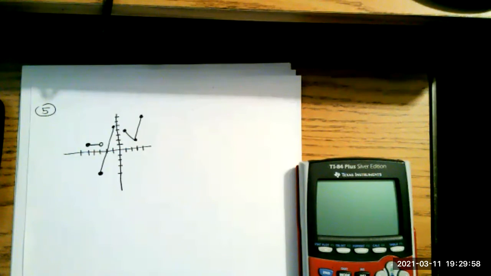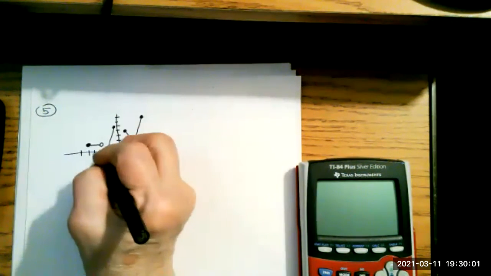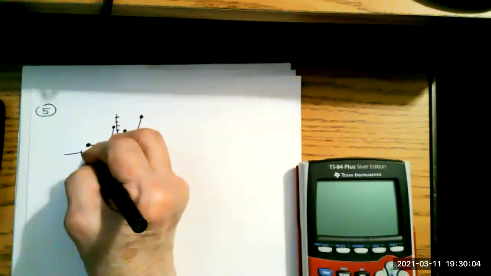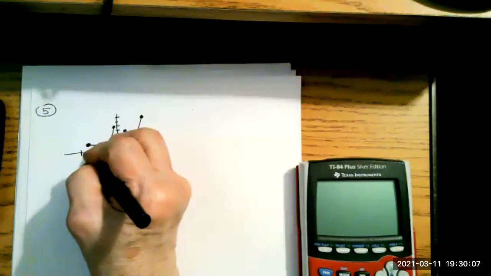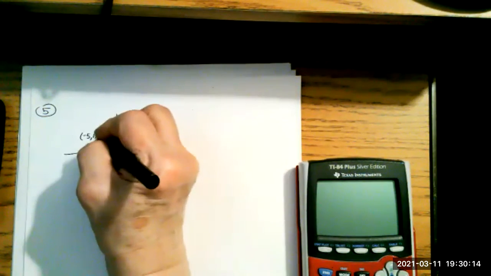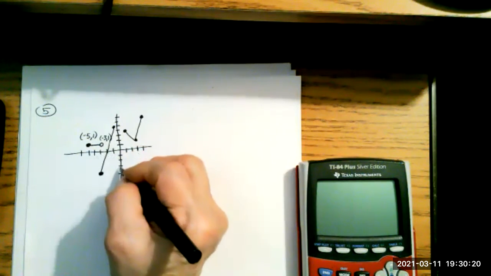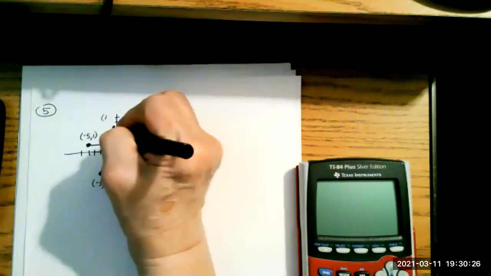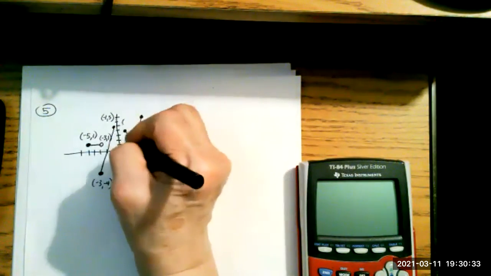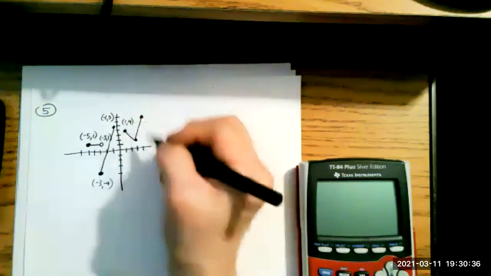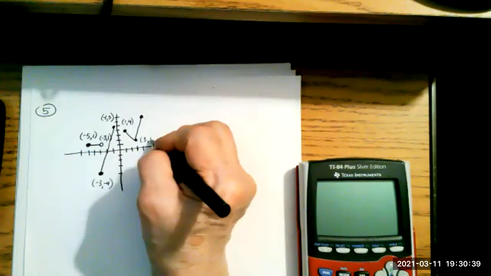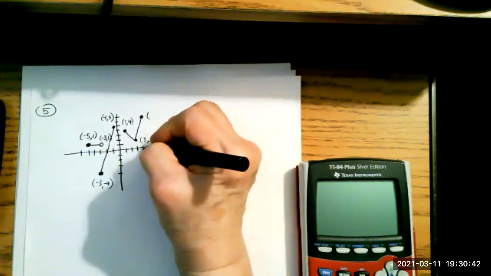So let's put in our points first. That's what you always want to do. 2, 3, 4, 5. 1, 2, 3, 4, 5. -5, 1. 1, 2, 3. -3, 1. 1, 2, 3, 4. -3, -4. 1. -1, 5. 1, 2, 3, 4. 1, 4. 3, 1. 1, 2, 3, 4, 5.